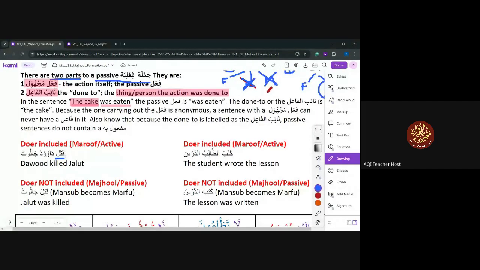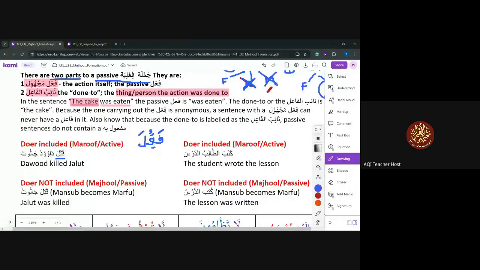Remember we learned fa'ala is our standard pattern for all the Madi verbs. The first letter always takes a fatha and the last letter always takes a fatha, and the second letter can vary: it may be dhamma, fatha, or kasra.